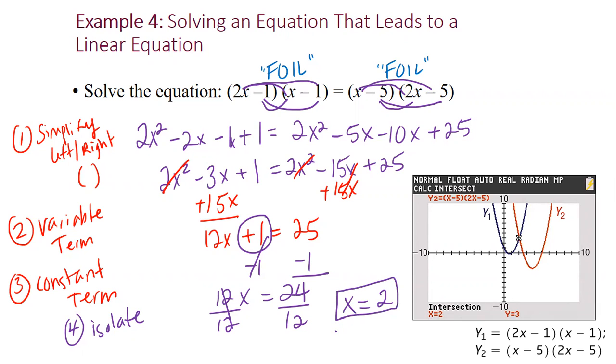So we have x equals 2 is our solution. Now, if this was on your graphing part of your test, you would be able to graph by putting in y1, your left side, y2, your right side, and finding their point of intersection.